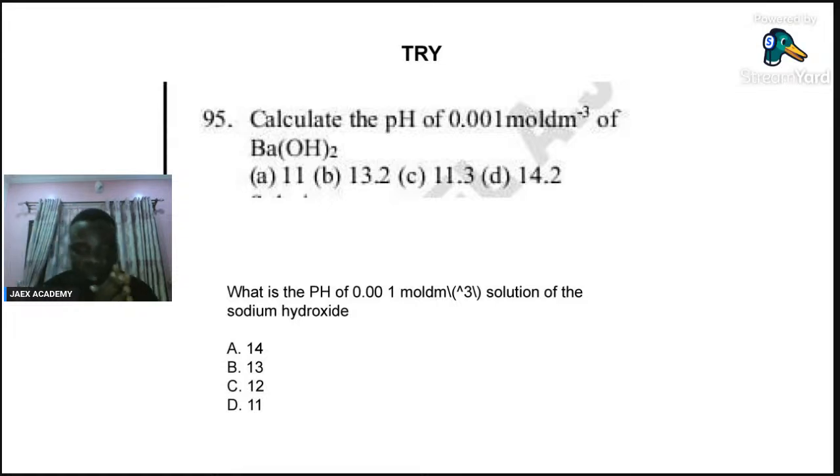So if 95 is C, write C. If 95 is A, write 95A.